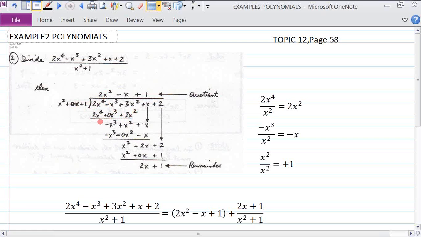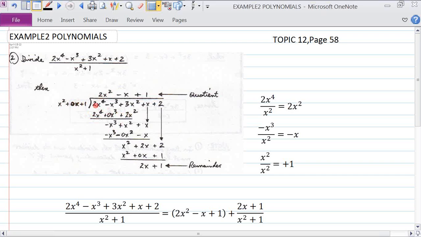So I have an x to the fourth term, I have an x cubed term lined up, and I have this. Now you can leave this term out totally if you like, but you're still going to have to do the subtraction afterwards. So let's go over this. I took this and divided by this, I got this. Then I multiplied this times this whole term, and it gave me this line here.